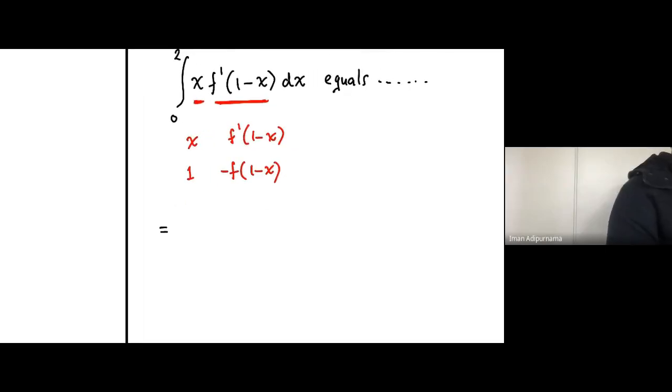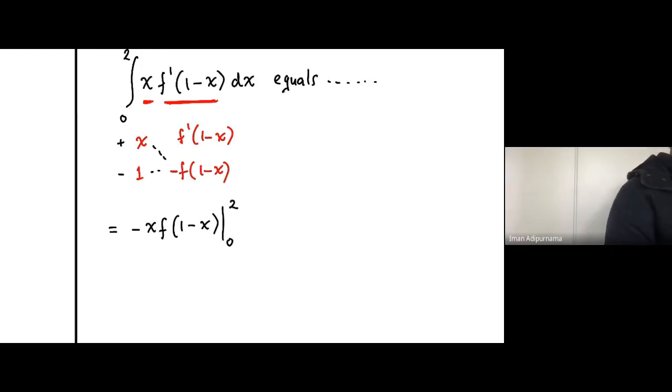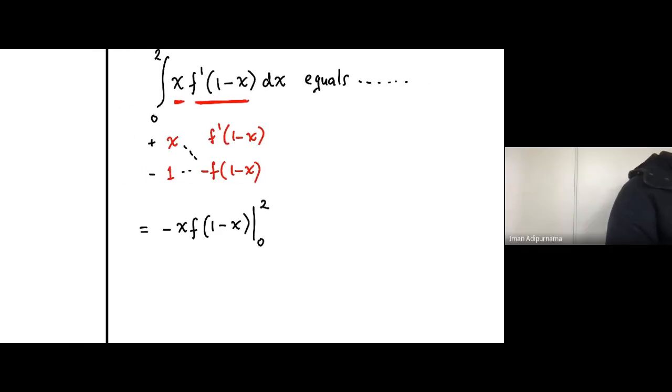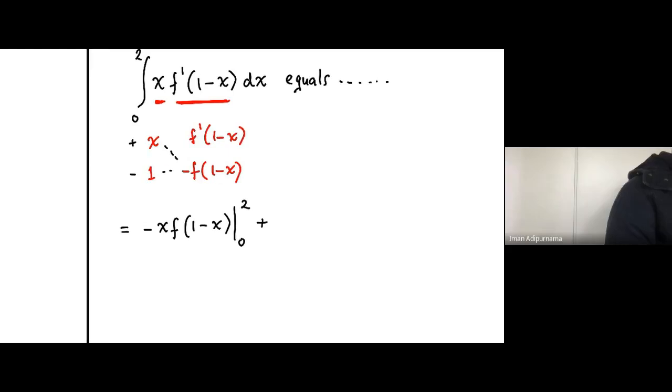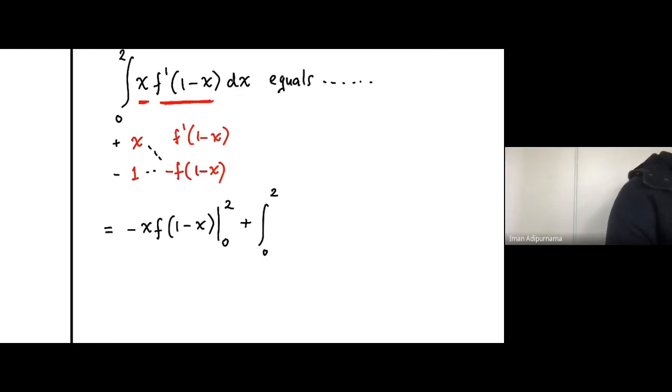Then I will have negative x f(1 minus x), from 0 to 2, and then I will have plus the integration from 0 to 2 of f(1 minus x) dx.